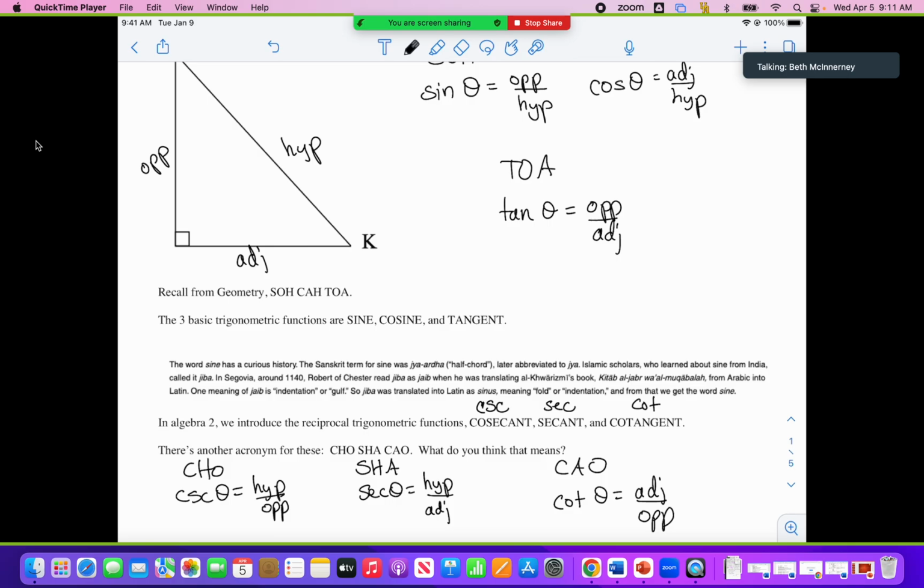Cotangent is adjacent over opposite. Tangent and cotangent make sense because they sound similar. The bummer is whoever named these hundreds of years ago, I wish they would have done it differently. Sine theta's reciprocal starts with a C. Cosine theta's reciprocal starts with an S. So I just remember they switch. Not mathematical by any stretch of the imagination, but that's it.